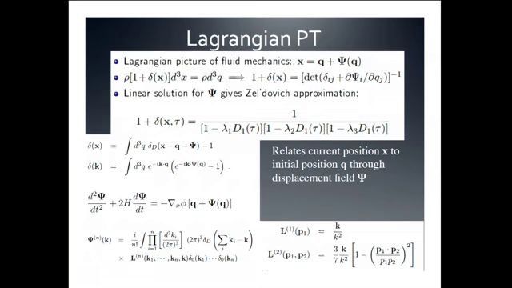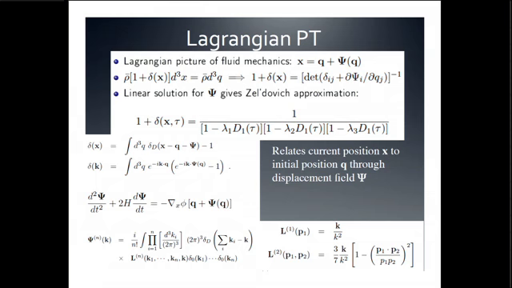Okay, so before I go to explaining what is missing in perturbation theory, let me tell you another way to do perturbation theory, which is using so-called Lagrangian perturbation theory. In this case, we think not in terms of these fluid descriptions like density and velocity, but in terms of just particle displacements.